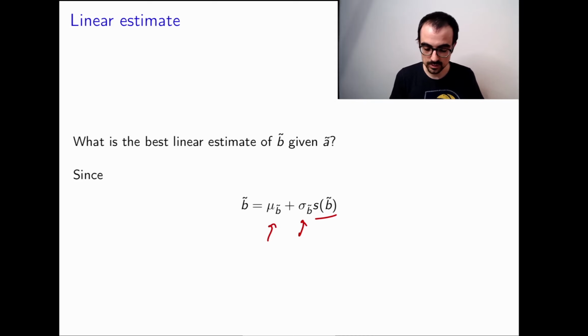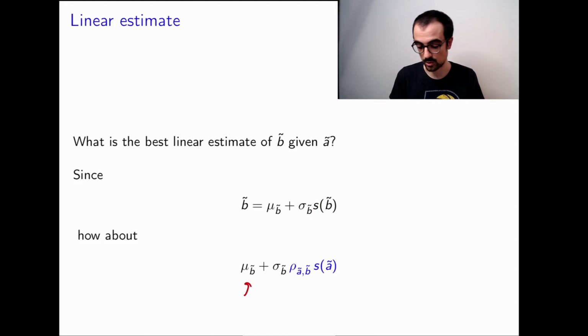So if we have a good estimate for S of B, then we can just plug it in there, right? So a reasonable estimate for B would be adding the mean plus the best linear estimate of S of B times the standard deviation. This seems like a reasonable estimate, and in fact, we're going to show later on that it is the optimal estimate. But before that, I would like to visualize a little bit what this means, okay?